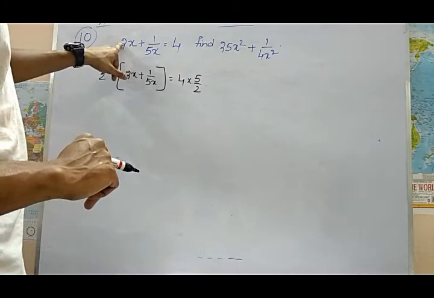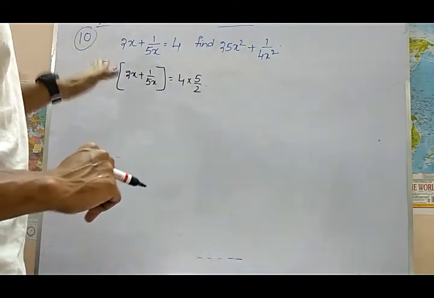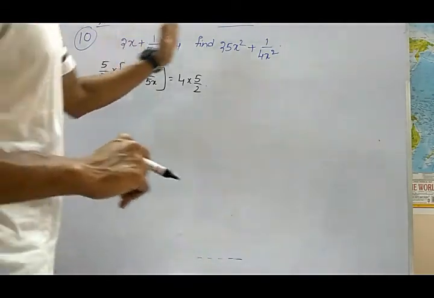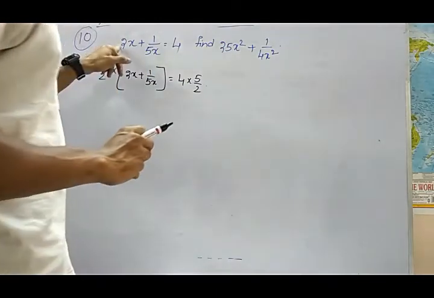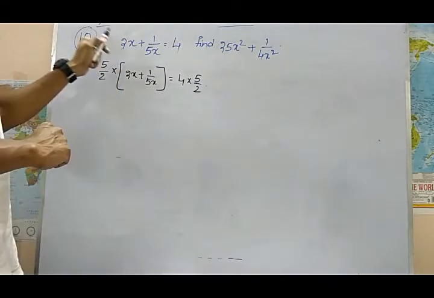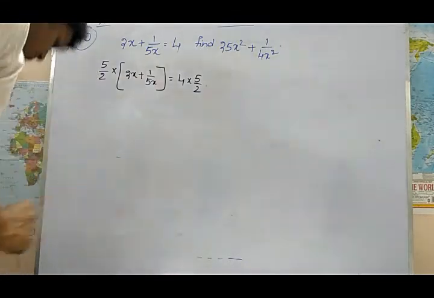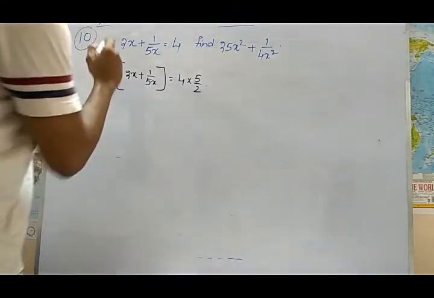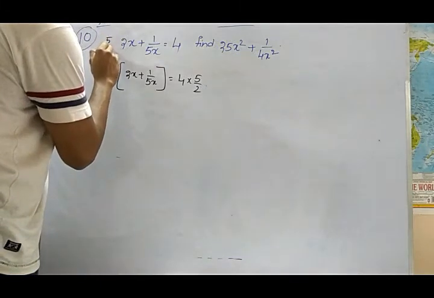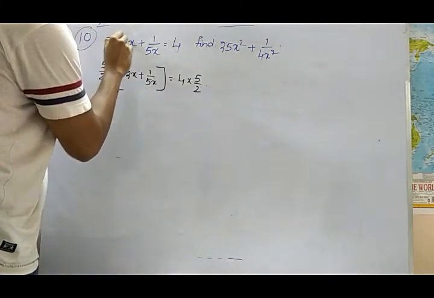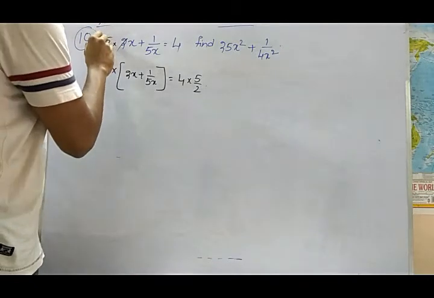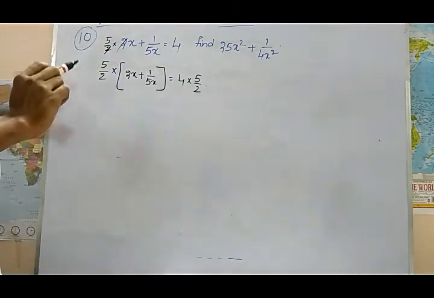We need to remove the 2 here and get 5 here, so that we get 5 square is 25. So in order to remove 2 and replace it with 5, we need to multiply with 5 by 2. See, observe here, 5 by 2 into 2x: 2 and 2 get cancelled, and we are left with 5. So that's the thing we have done here.